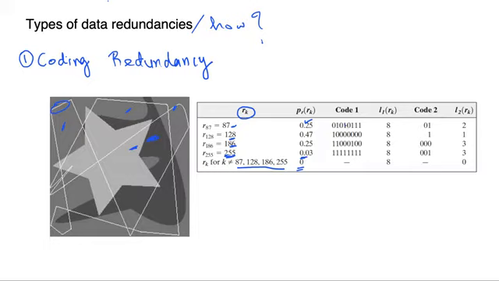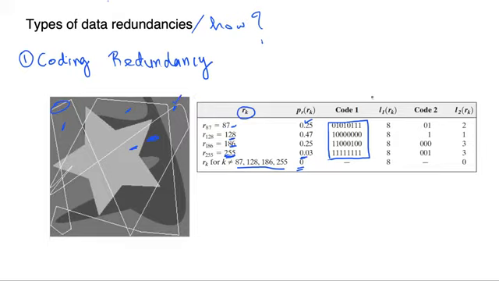Now suppose I am using an 8-bit code, the usual byte representation, to represent each of these intensity values. Then I will be consuming 8 bits in order to store each intensity value.